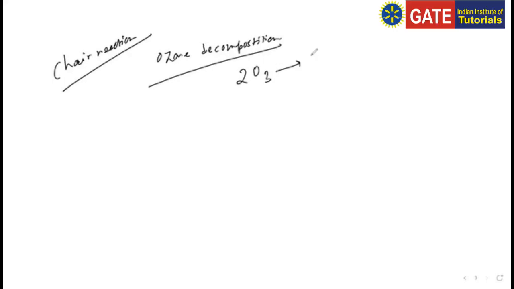Let's say ozone decomposition. What happens? The ozone decomposition reaction is 2O3 giving 3O2. This is the overall reaction.